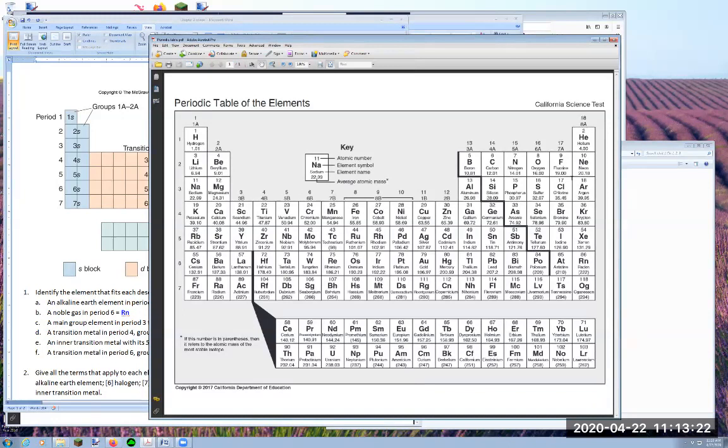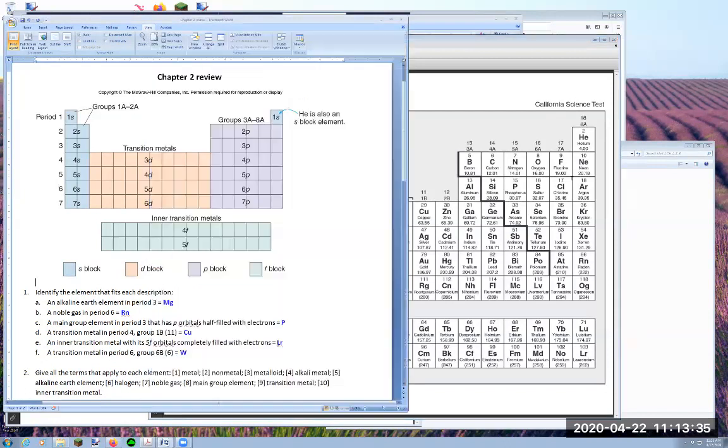And then you need also to remember that periods represent rows and groups are the columns. So we say groups and periods, we don't say column and row. It also was reminding you of those S block, D block, P block, and F block that show which orbitals the electrons are filling, depending on the position in the periodic table.